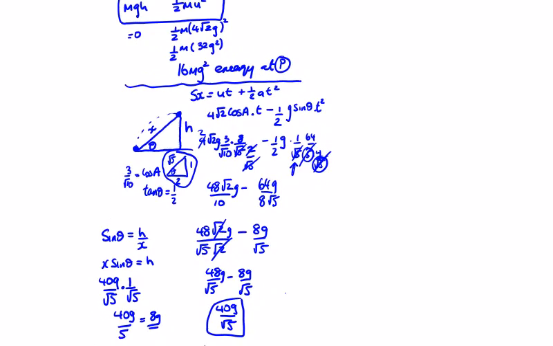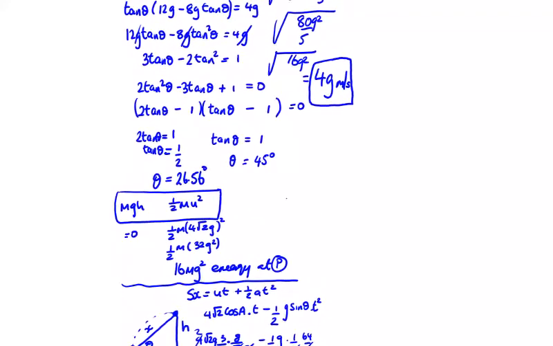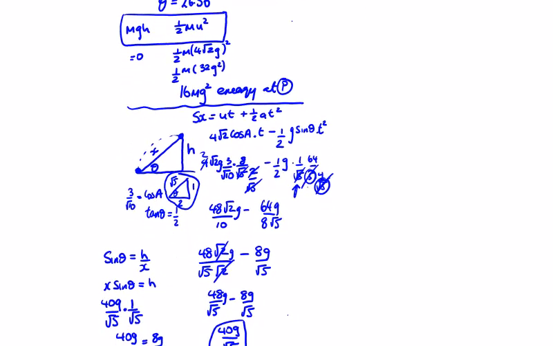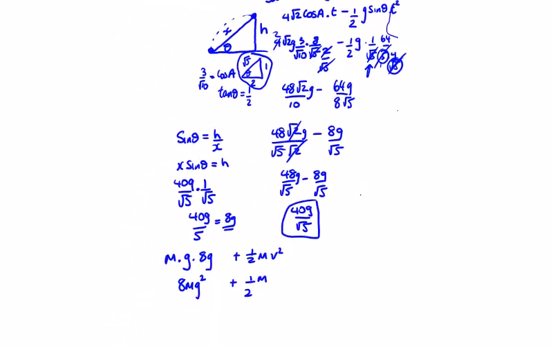What was the final velocity? Was it minus 4g? I think we got 4g. So we need to apply our 4g. So that's 8mg squared plus a half m times 16g squared, which is also 8mg squared. So that's going to give 16mg squared, which hopefully is what we got.